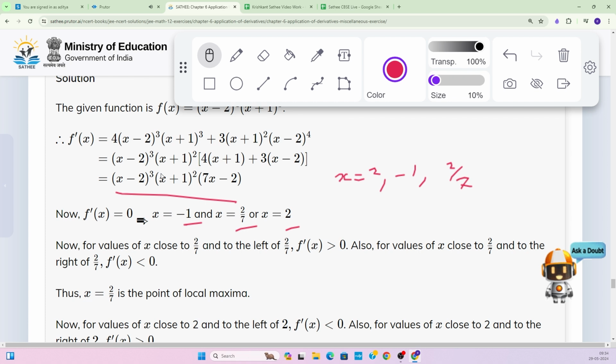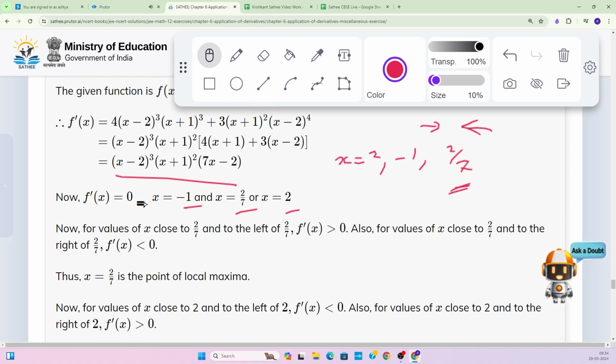Now check where you are having the sign change. If you approach this point from the left and from the right, what is the effect on the sign of f prime x? Let's see.